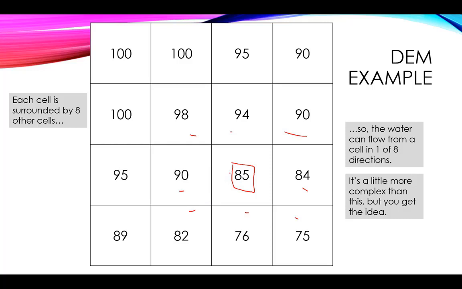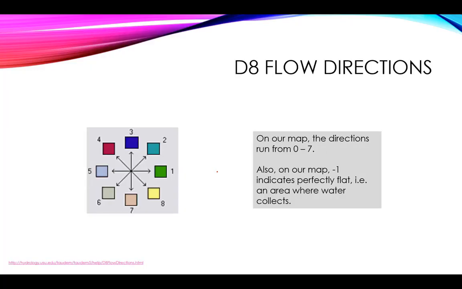There's algorithms that determine ultimately which direction the water is going to flow. But that's why when we look at flow direction, it's split into 8 values. And so this can be called the D8 flow directions. And so here's your example showing how those numbers can translate into a direction.